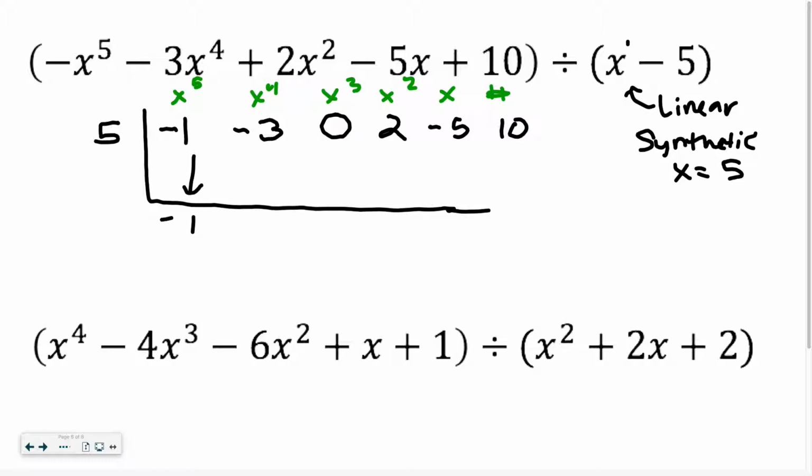Negative 1. Negative 5. Negative 8, negative 40, negative 40, negative 200, negative 198, negative 396, oh, yeah.